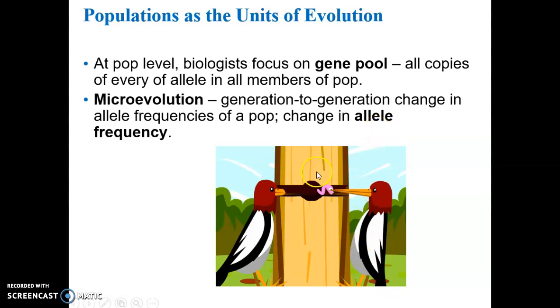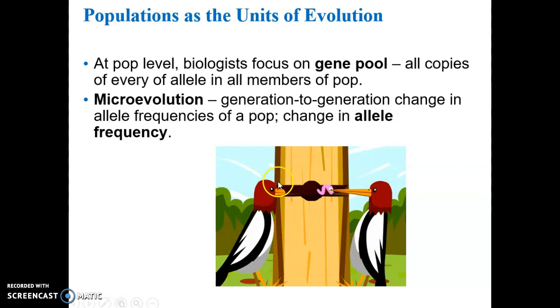For example, in a population of woodpeckers, if this individual happens to be more successful at surviving and reproducing than this individual, and this individual has offspring, and this individual does not, the genetic alleles that this individual has will become more common in the next generation of this population versus the alleles that this individual might have. And alleles in particular that are going to determine the beak or bill size in this example.